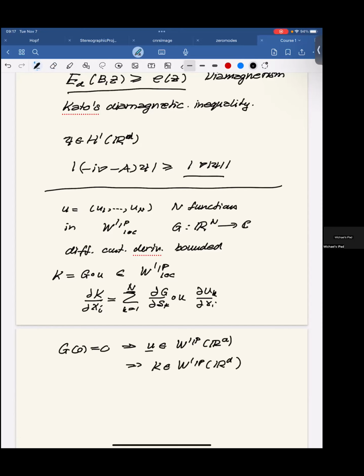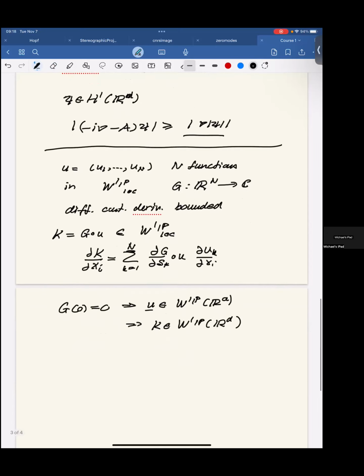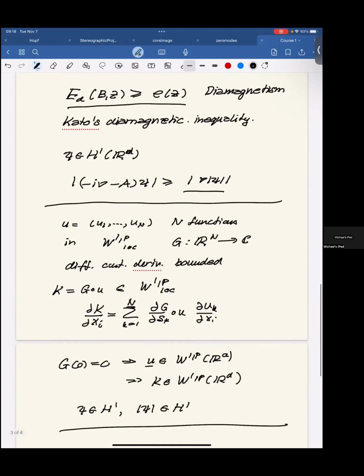The proof of these things is quite easy; it's standard and you find it in Gilbarg and Trudinger and other books. The nice thing is this also allows you, for example, to differentiate magnitudes. In other words, when a function psi is in H1, then its absolute value is also in H1. This is something which you will use frequently, and it is quite easy.